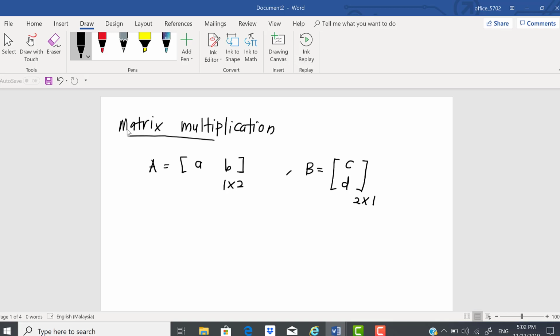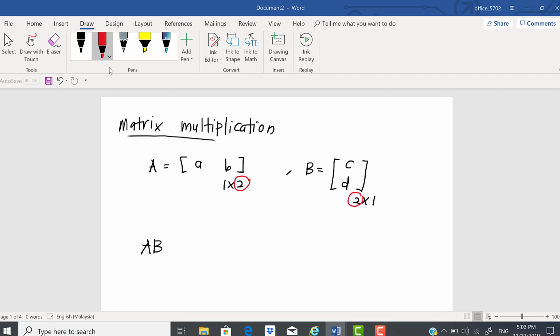Let's say this is a 1 by 2 matrix and this is a 2 by 1 matrix. So when you want to find the matrix multiplication, that means matrix A times matrix B, you must check this one. Okay, so it's the same. 2 is equal to 2.